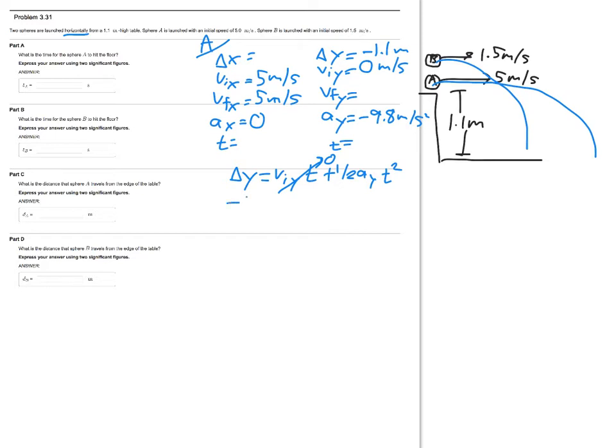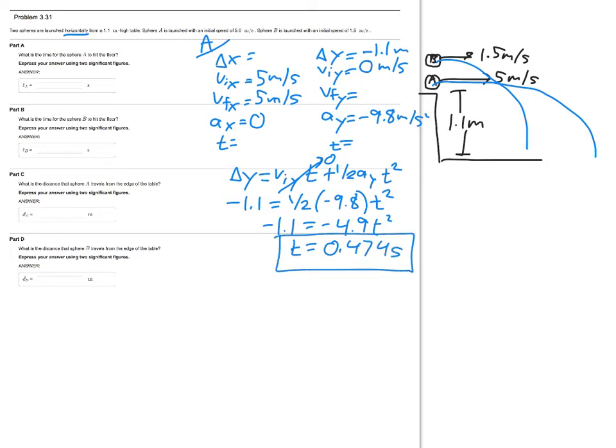So I can say negative 1.1 is equal to 1/2 times negative 9.8 times t squared. And I can go ahead and solve for t. Negative 1.1 equals negative 4.9 t squared. And I find that my time here becomes 0.474 seconds. It asks for the answer to 2 sig figs, so I'm just going to say 0.47 seconds. And that's going to be my answer there to part A.